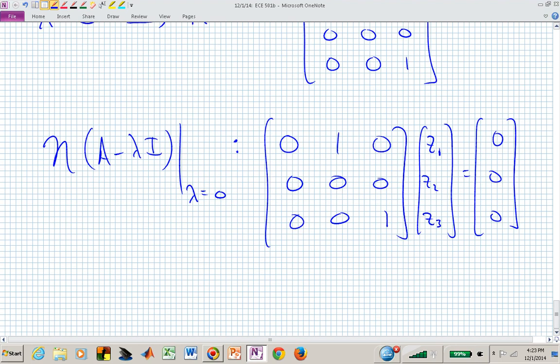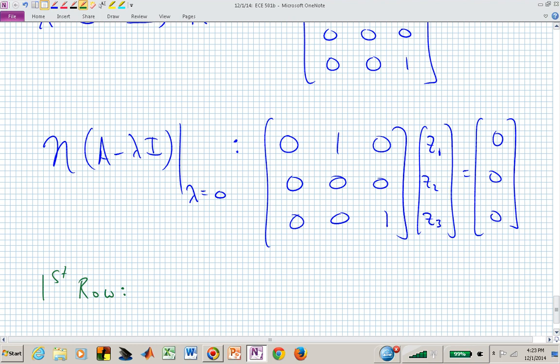And again, this is going to give me three equations that I need to satisfy in order for this hopefully non-zero vector, Z1, Z2, Z3, to be mapping to the origin. From the first row, does that impose any constraints on the vector Z1, Z2, and Z sub 3? What's it impose?